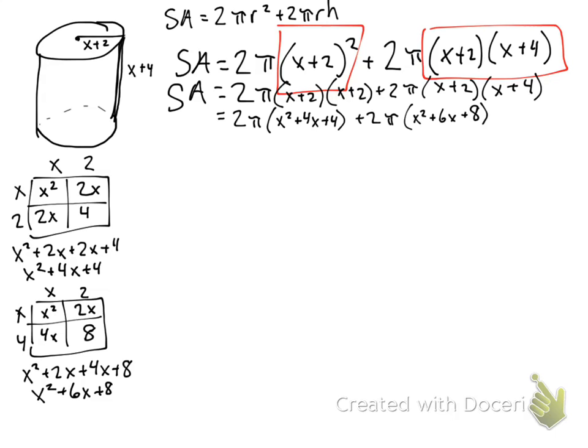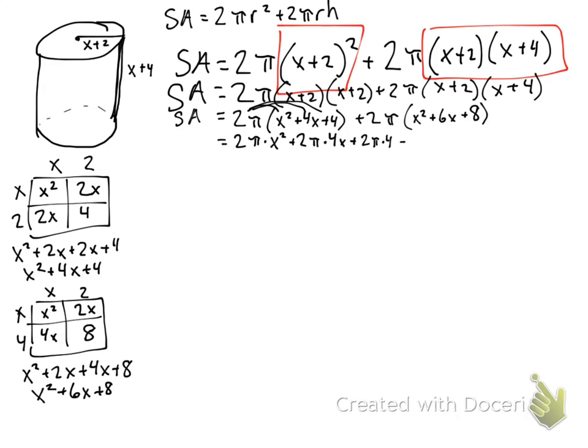Two more steps left. We need to distribute in that 2 pi. So 2 pi times x squared, plus 2 pi times 4x, plus, and lastly, 2 pi times 4.